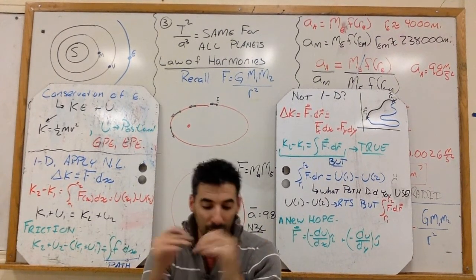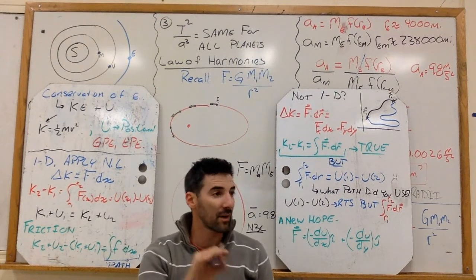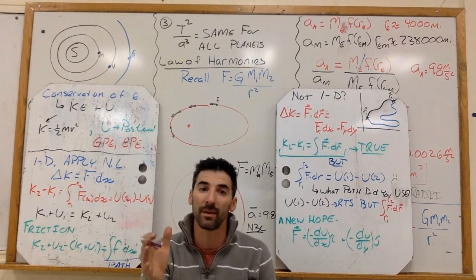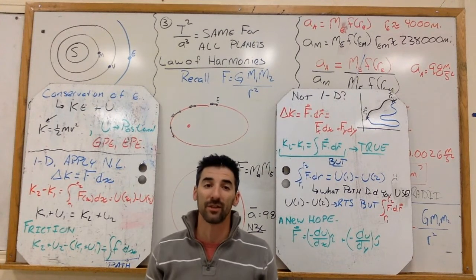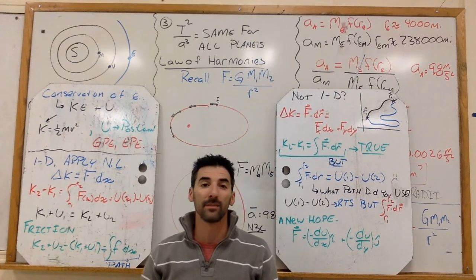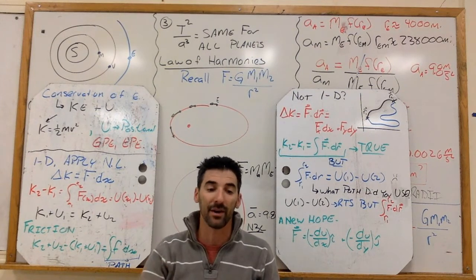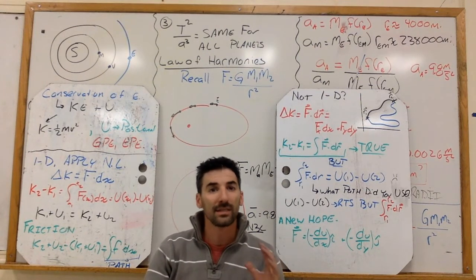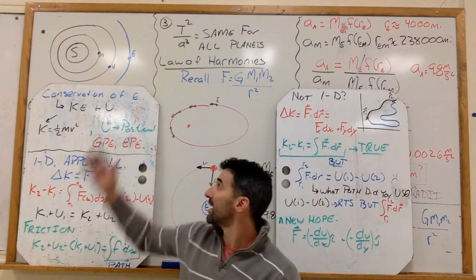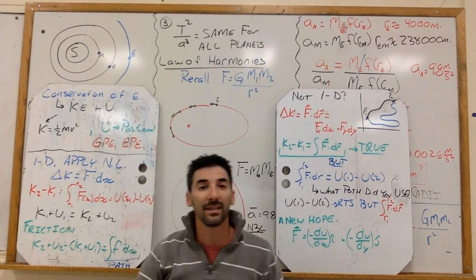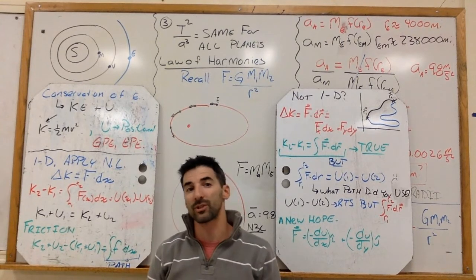So, we know thus far that conservation of energy is a fundamental theorem of physics. We know that everything is kind of ruled by these conservation laws in energy and momentum, and Kepler's laws are no exception. So in general, conservation of energy is just my kinetic energy plus my potential energy.